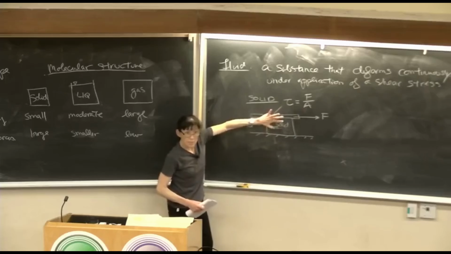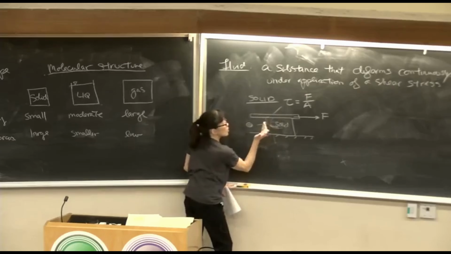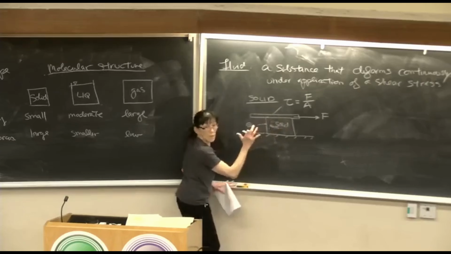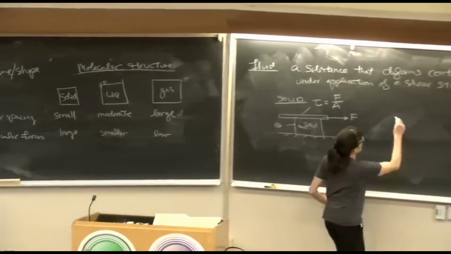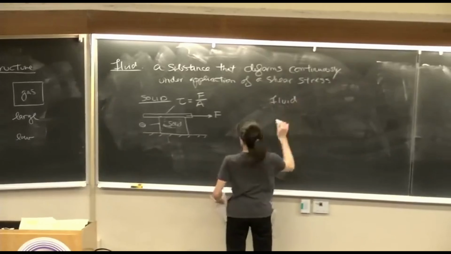So at some point in time, that will be the total deformation that occurs. There's a balance of force, and we're in equilibrium. That's a solid. Whereas a liquid or a fluid, let's consider the same thing.